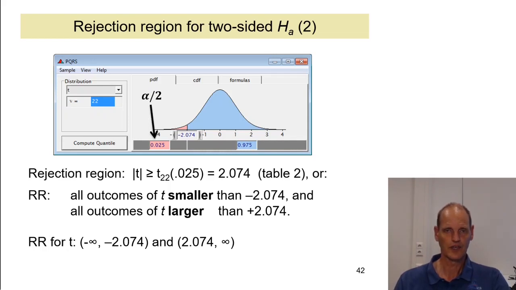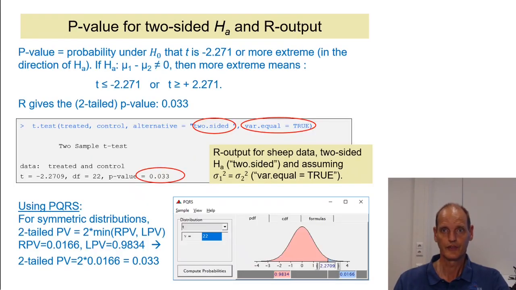If you want to write it in a nice mathematical form, we reject for t in minus infinity to minus 2.074, or t in 2.074 to plus infinity. So the rejection region is here and on this side. That is the rejection region for a two-sided alternative hypothesis.